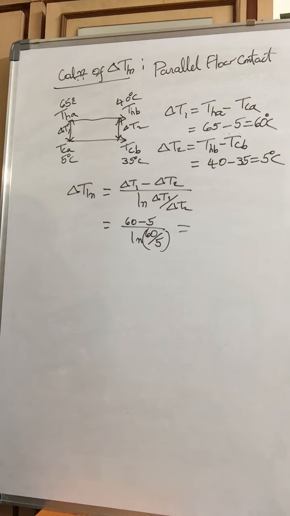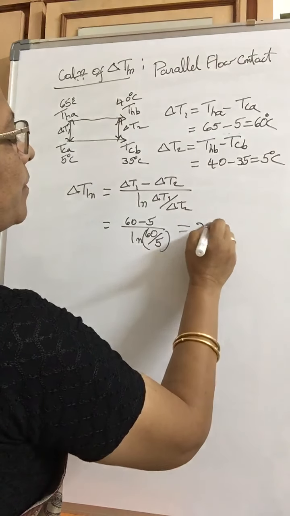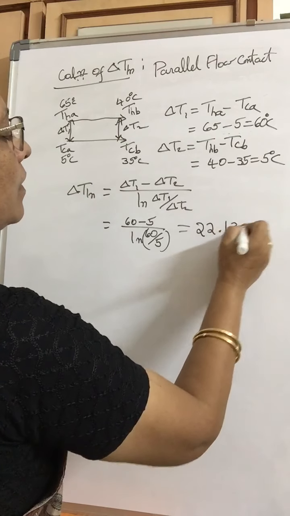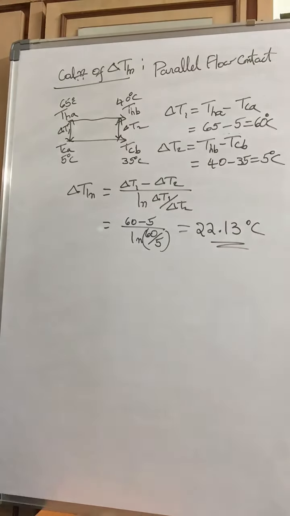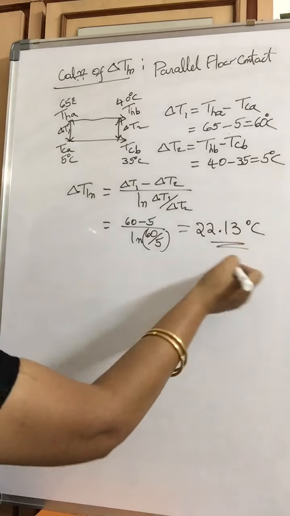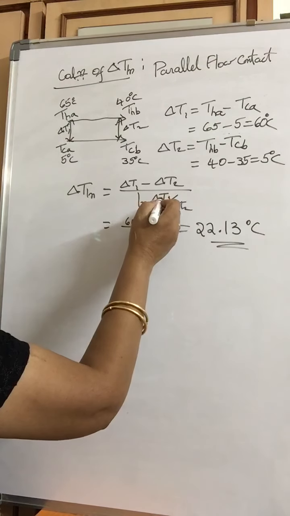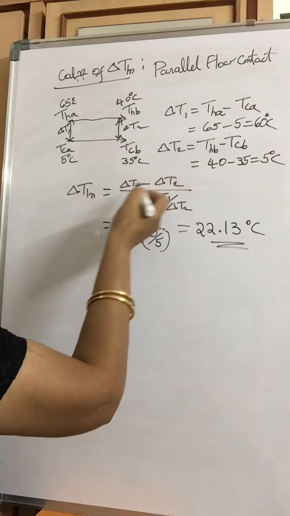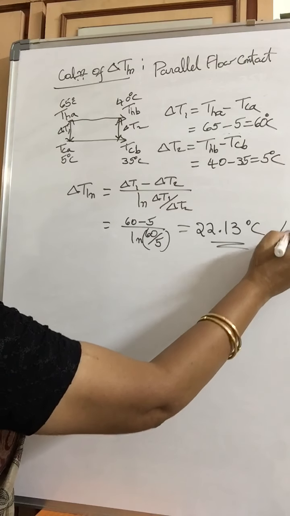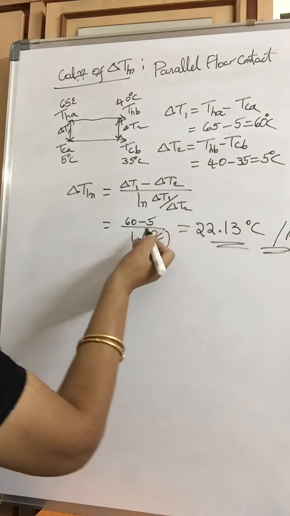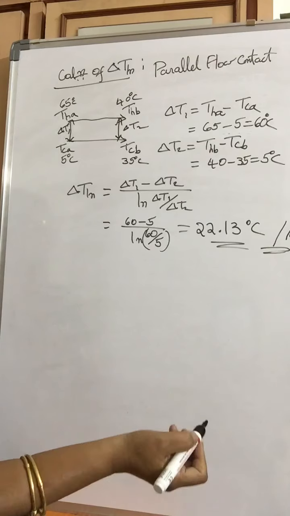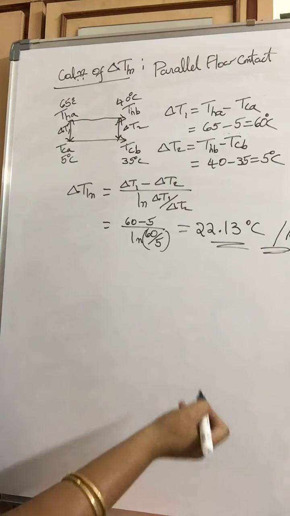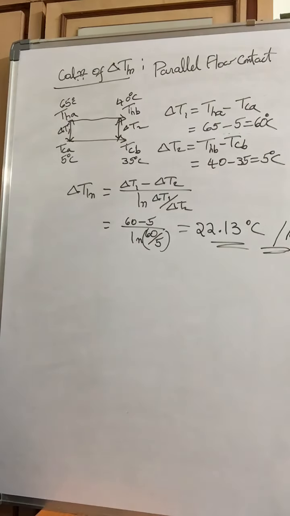This value is 22.13. Again the same explanation here. Here this unit and this unit get cancelled. So the unit of delta T is again temperature, either degree centigrade or Kelvin. Both are same because you are adding and then subtracting. Delta T equal to T2 minus T1. You are adding 273, subtracting 273. So this is delta T ln.